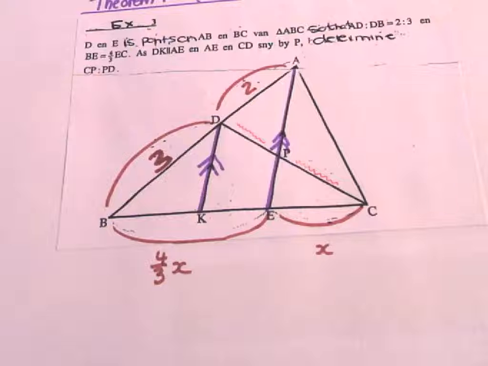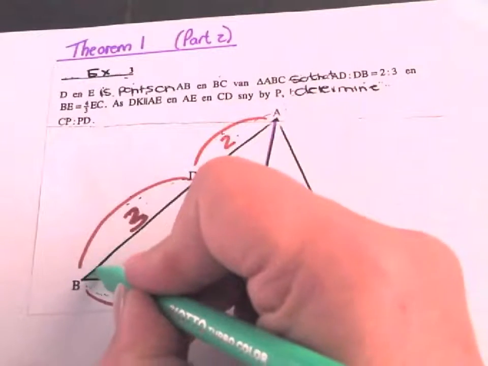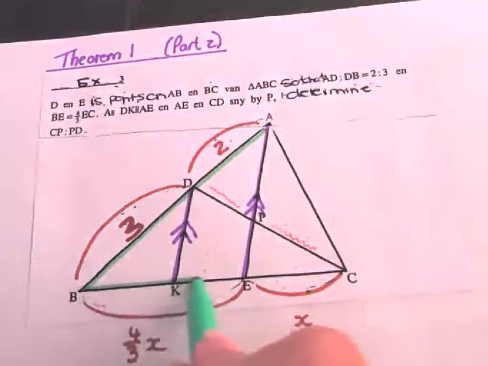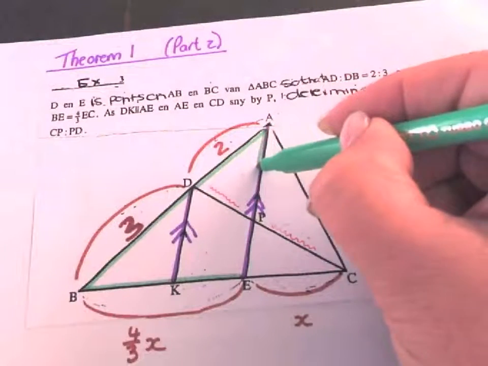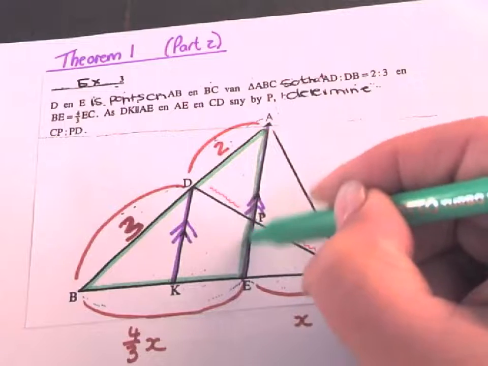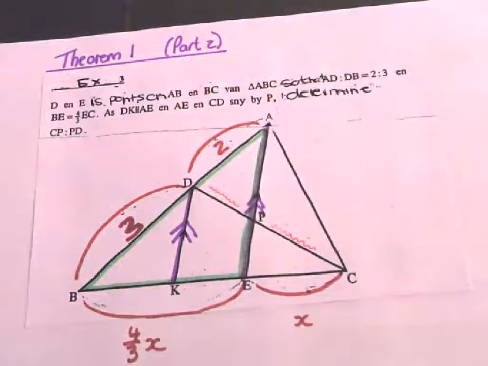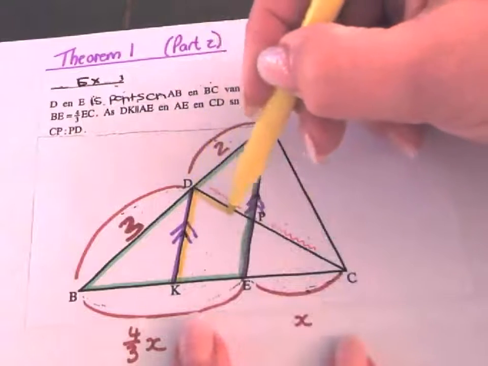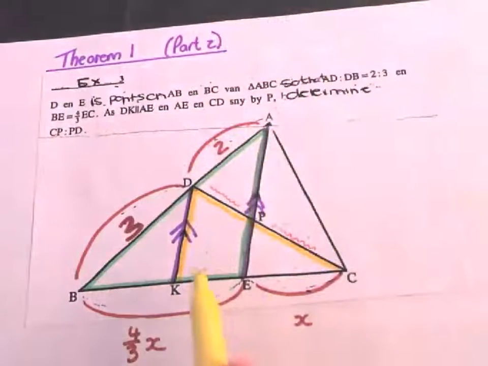Where is my triangle? ABE, yes. So ABE is a triangle. Where's my other triangle? DKC. That one. Good.